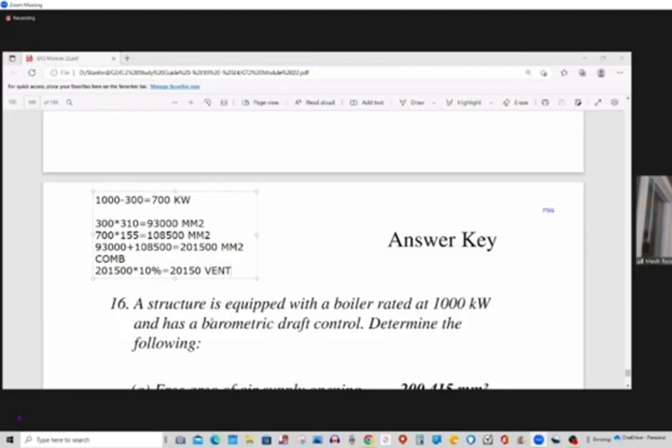Mean each kilowatt 155, the rest. So 1,000 kilowatt minus 300 kilowatt is 700 kilowatt. 700 kilowatt times 155 is going to be 108,500. Add them together, 201,500 is combustion, 10% ventilation.